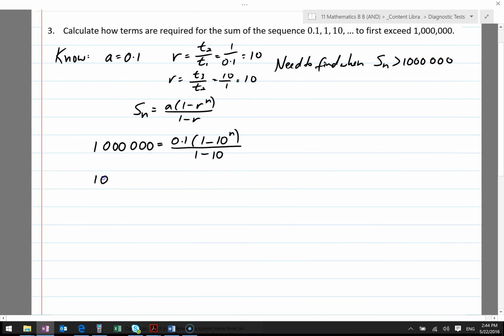I'll just keep the million on this side for the moment. All I'm going to do in this stage is make my life a little bit easier by, instead of writing 1 minus 10, put a -9 there. From here, I'm going to multiply both sides by -9.